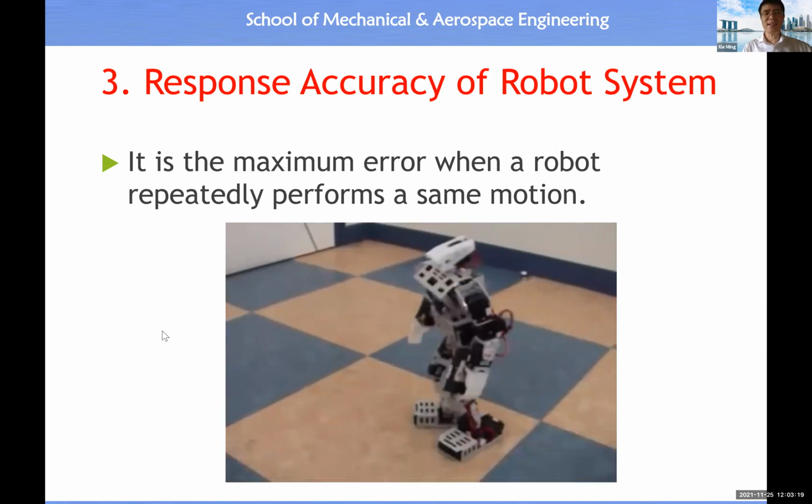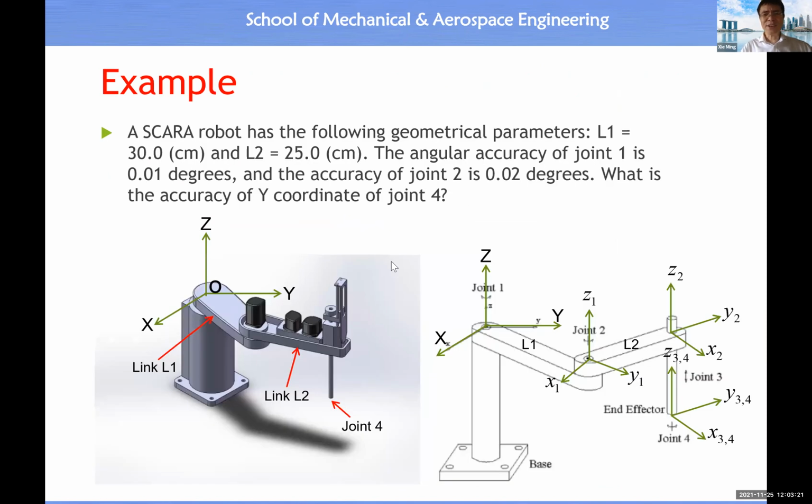Then I use this example to help you understand. The accuracy at the robot's hand depends on the accuracy at the robot's joints. If there are errors at the joint, then there will be errors at the robot's hand. For example, we just look at the accuracy of the y coordinate.